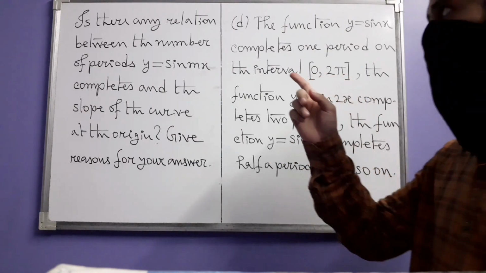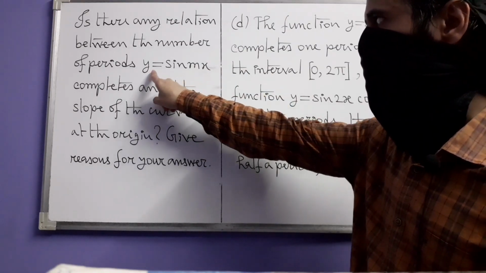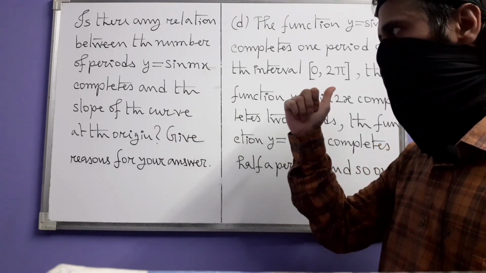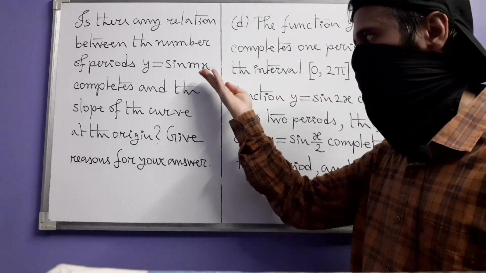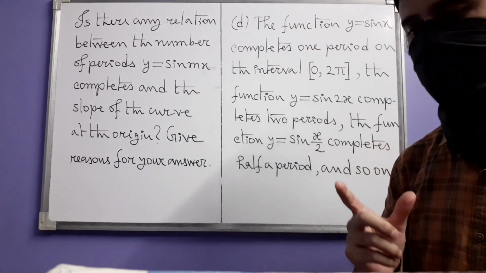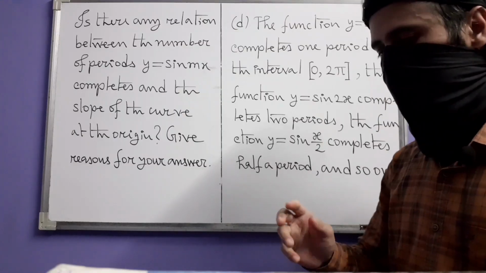Now, is there any relation between the number of periods that the function y equal to sine mx completes in that interval and the slope of this curve at the origin? Yes, and the answer is that they are the same. Give reasons for your answer.